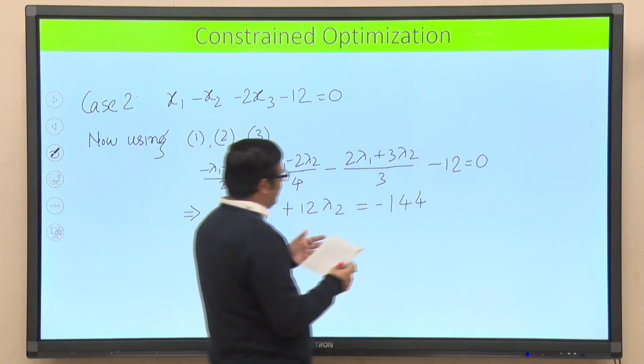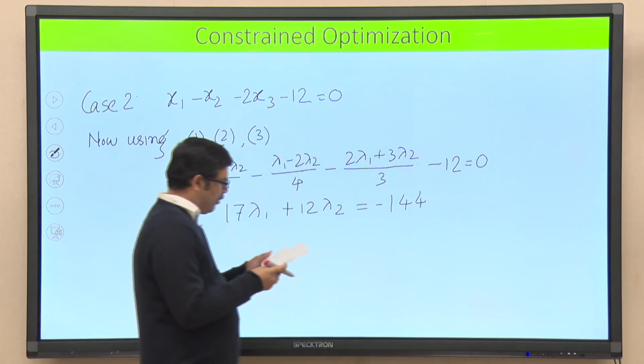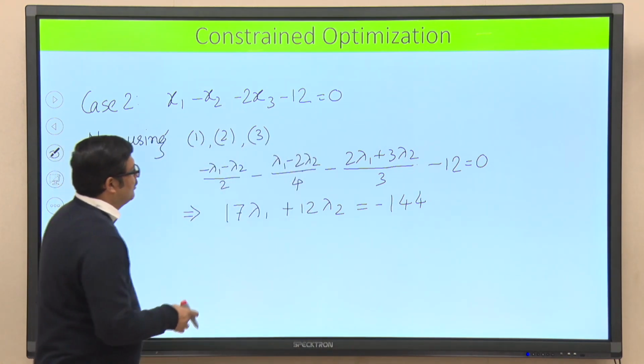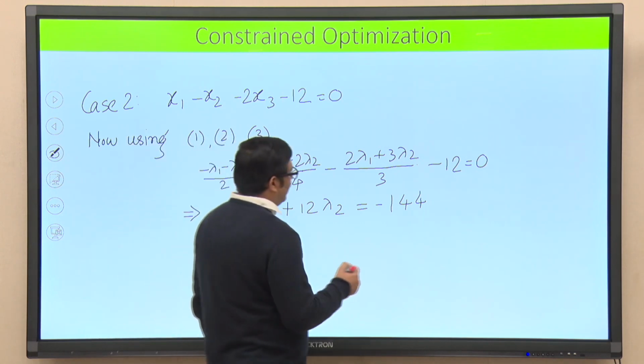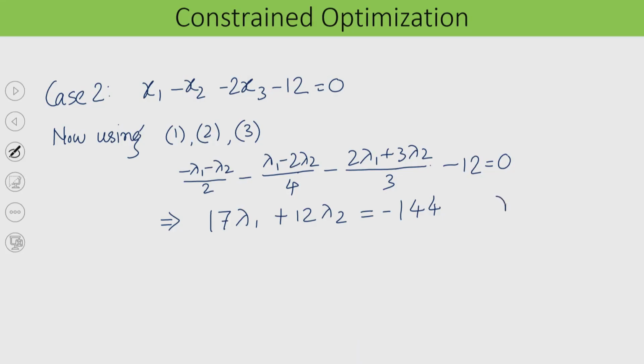As per equations 8 and 9, lambda 1 should be greater than 0 and lambda 2 should be greater than 0, but here lambda 1 and lambda 2 cannot be greater than 0. So, therefore, this is not a feasible solution. It is not satisfying the Kuntakar condition.